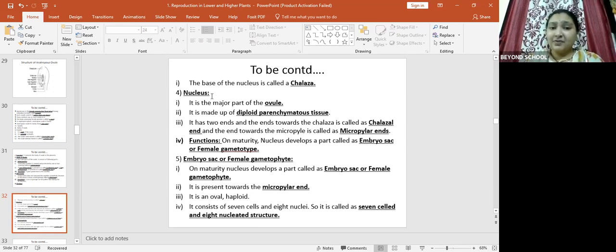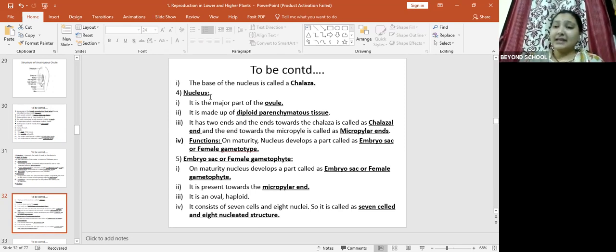Now, as we saw in the diagram, our ovule consists of two ends. One is at the upper side, which we call the chalaza, hence it is also called the chalazal end.